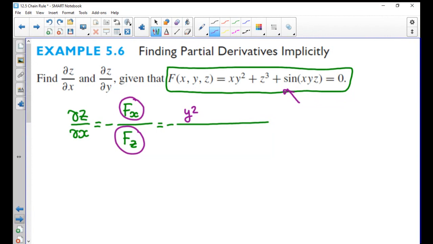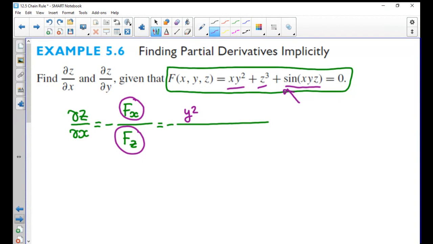So we have fx. It's going to be y squared, which comes from here. This will give us 0. And the derivative of this with respect to x, so you need to differentiate the inside.